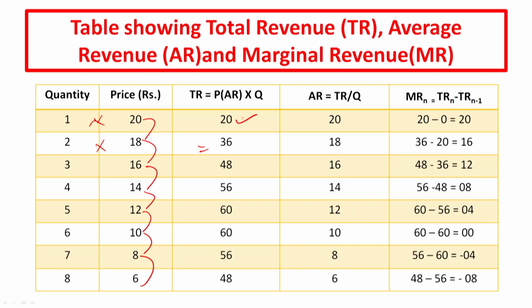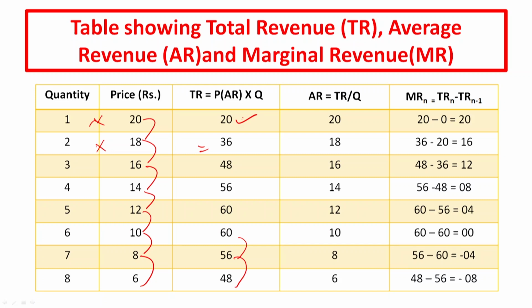Now, an important thing you need to understand is the nature of TR. As you can see, gradually the TR is increasing from 20 to 36, 36 to 48, 48 to 56, 56 to 60. Then it becomes constant, and then you can see the TR is decreasing, and again decreasing gradually.